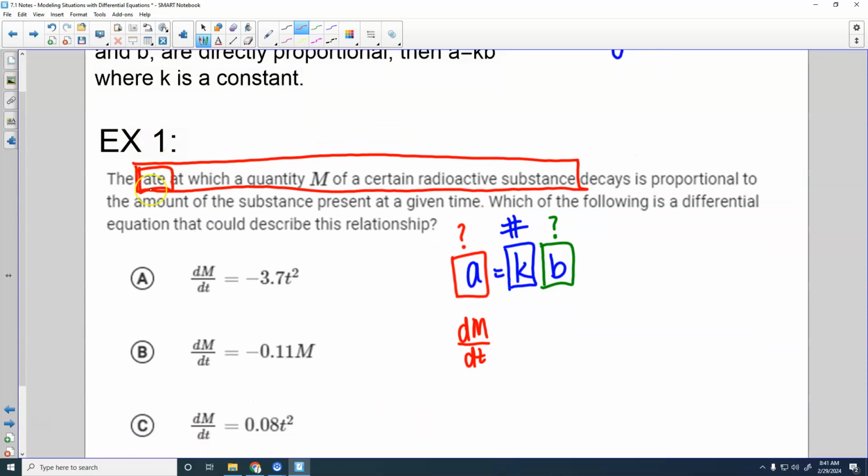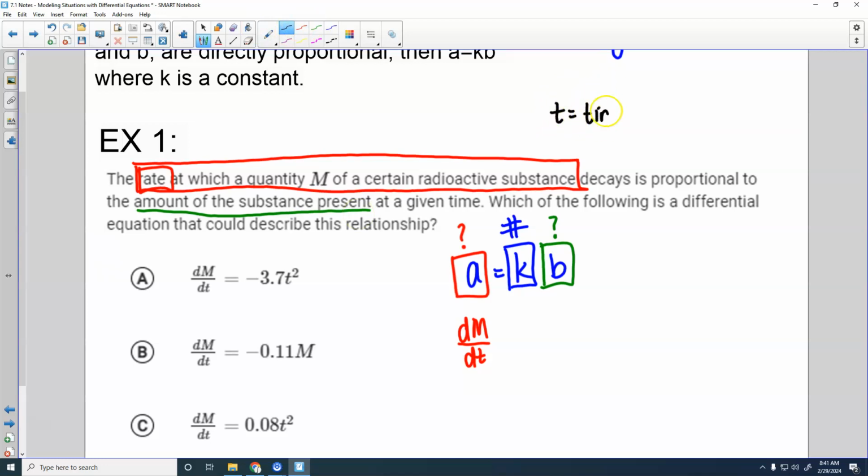So we have the rate that the radioactive substance decays is proportional to the amount of substance present at a given time. So B is the amount of substance present. A lot of times they will define these things a little better, but what do we think t is representing here?